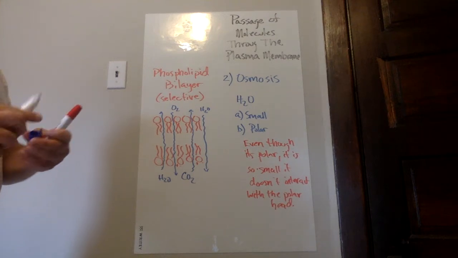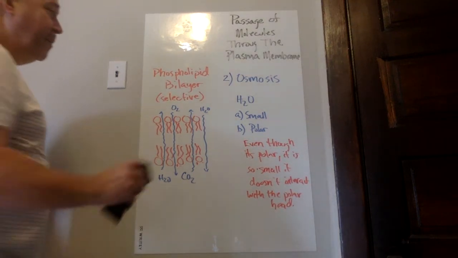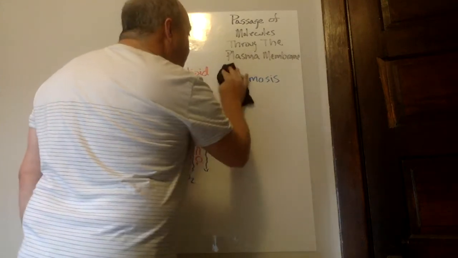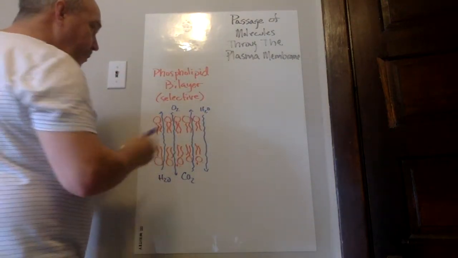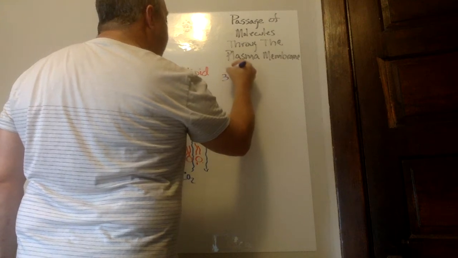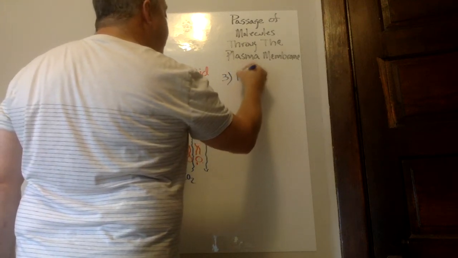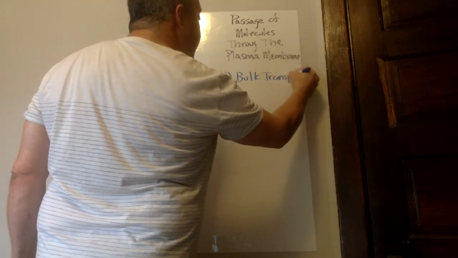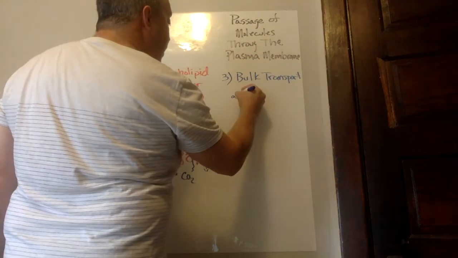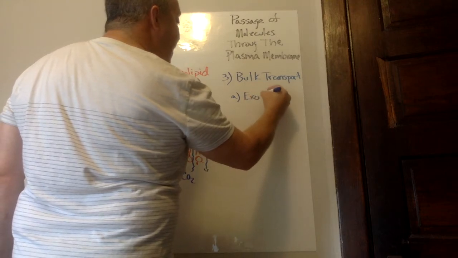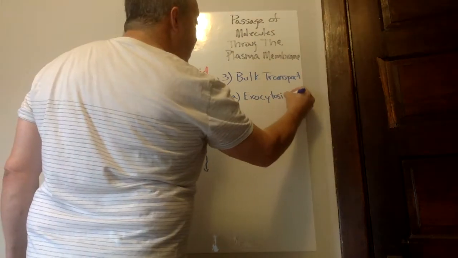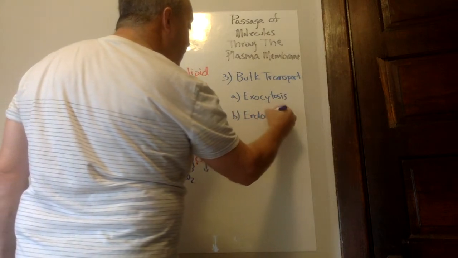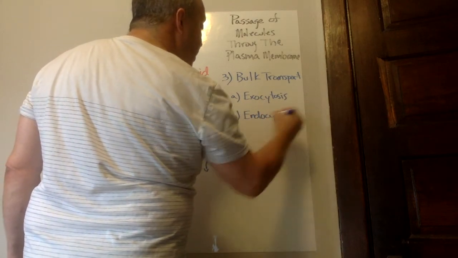And then we have a third way we use this phospholipid bilayer: bulk transport. So a third way that we can move things in and out using the phospholipid bilayer is by bulk transport. And this can go either in or out. Remember, we have exocytosis in order to go out, and we have endocytosis to come in.